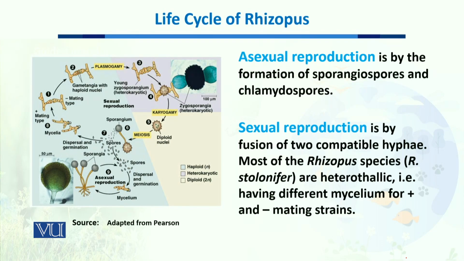Now, when we talk about the reproductive cycle of Rhizopus, they have both sexual as well as asexual reproduction. As you can see here, their asexual reproduction takes place when they form sporangiospores and chlamydospores.